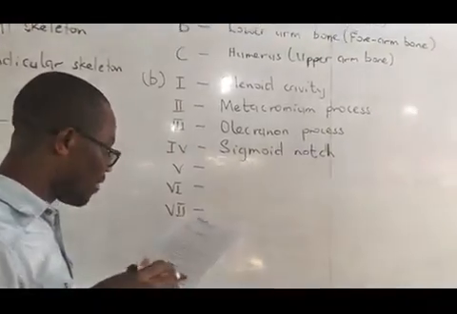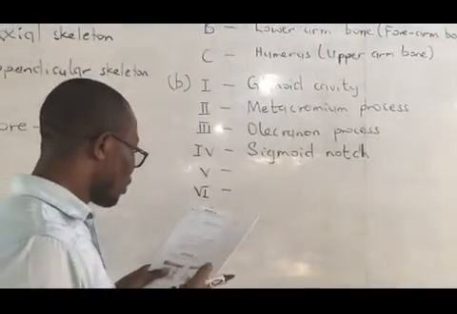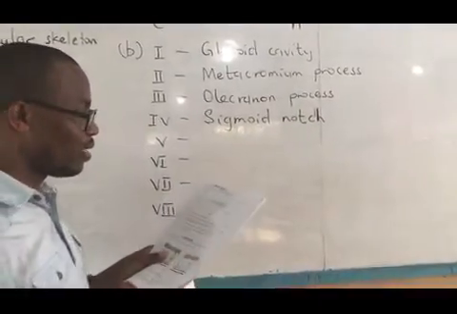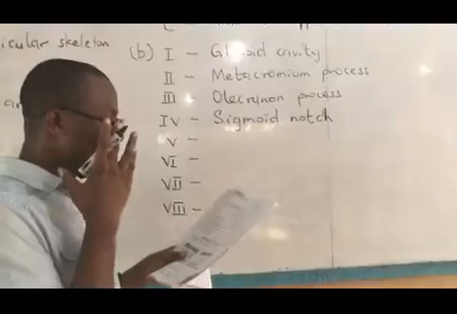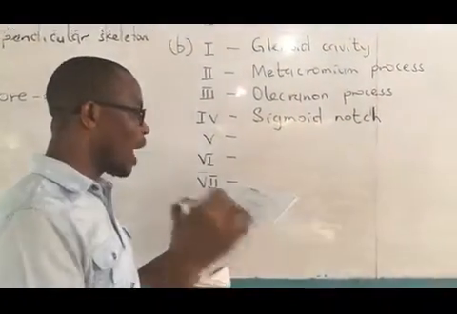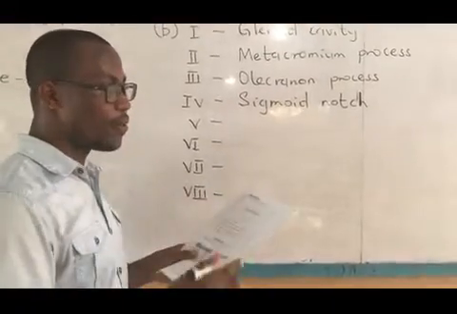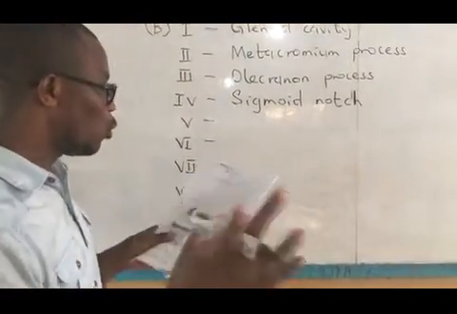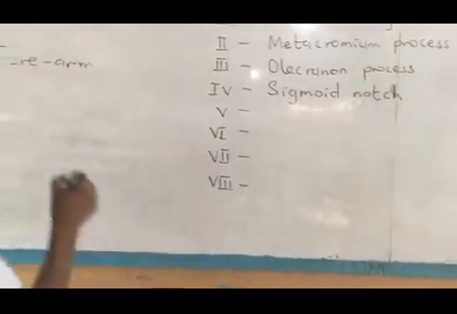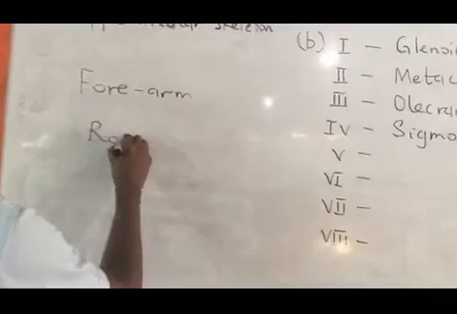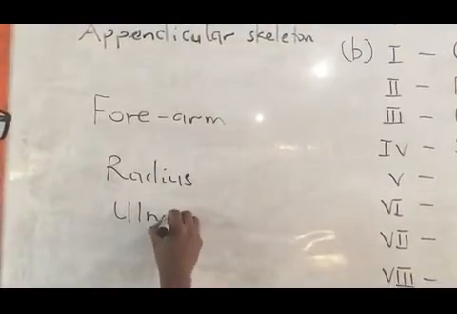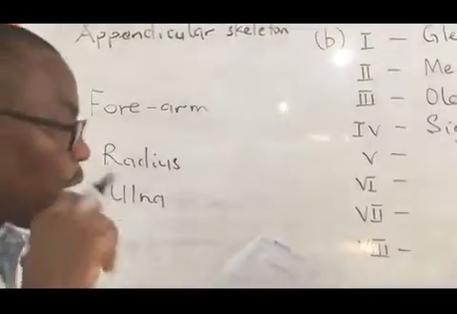And then we have the V and the VI. If you look at the V and the VI, there are two long bones, but you can see that the VI is slightly longer than the V. So there are two bones that make up the lower arm bone: the radius and the ulna.